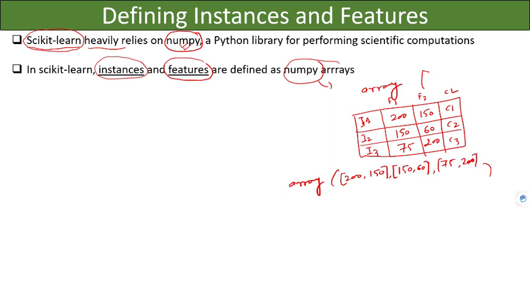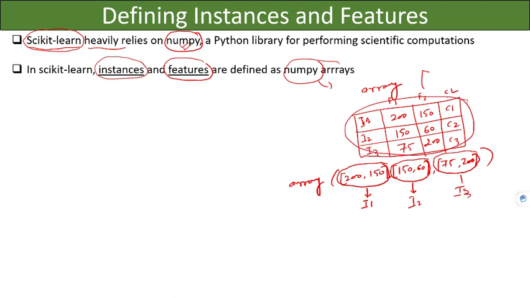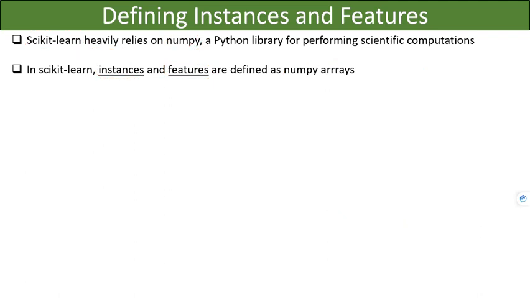This is how you will represent it if you are using scikit-learn and NumPy. This is my instance 1, this is my instance 2, and the third one is my instance 3. Now this data set is represented like an array, and you can do this with the help of NumPy.